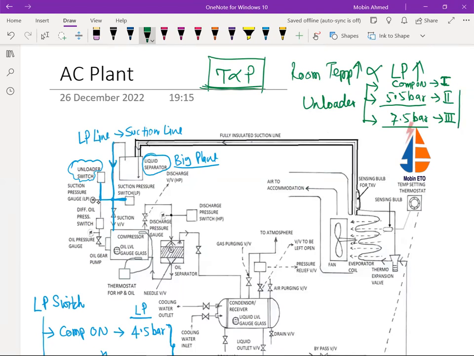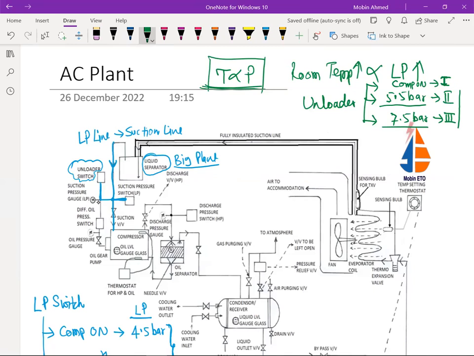That means this unloader, which is doing the capacity control, requires the LP line, that is, the suction pressure. Hope it is clear to everyone. So we give the suction pressure to the unloader to control capacity. Remember this: capacity control is always done by the LP, low pressure. This is the question that I have been asked.